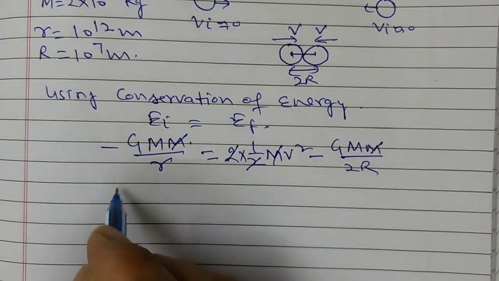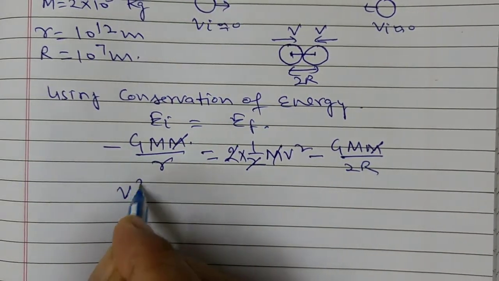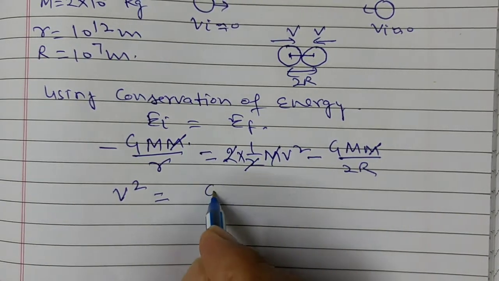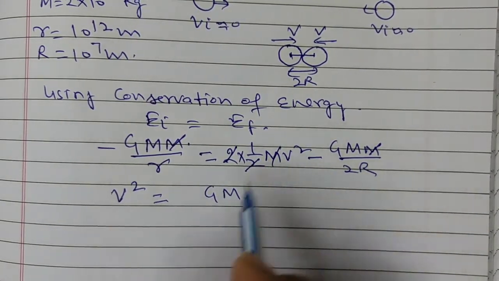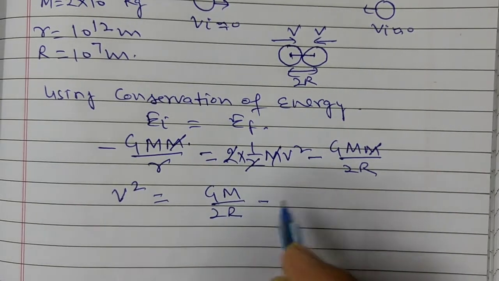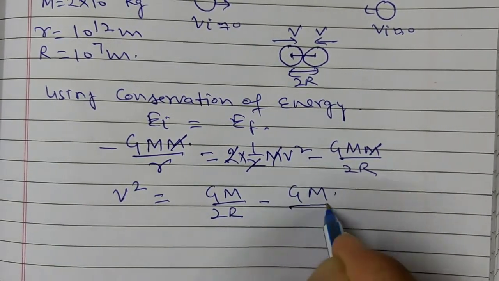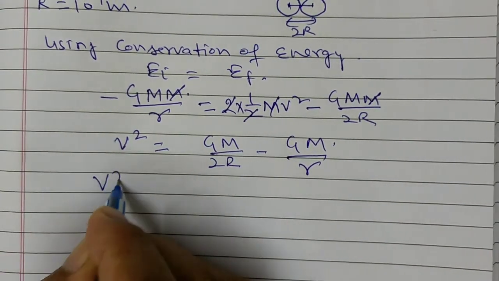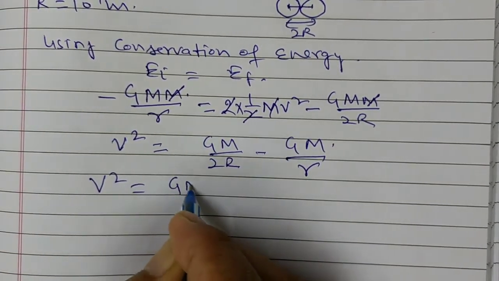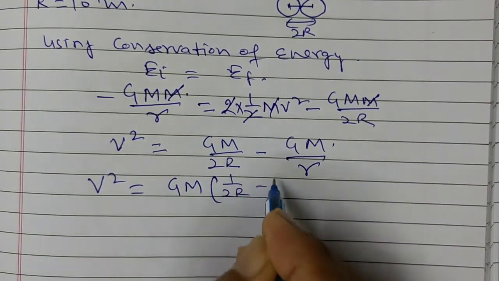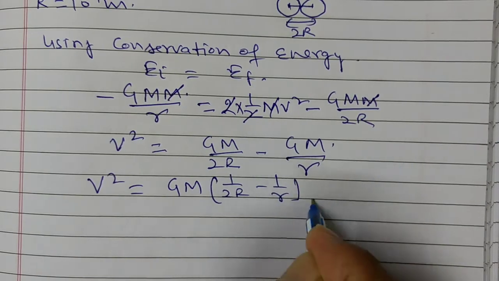So v square is equal to G m m, or this m is cancelled, therefore this is G m upon 2r minus G m upon small r. Now here G m is common, take outside. So this is 1 upon 2r minus 1 upon r.